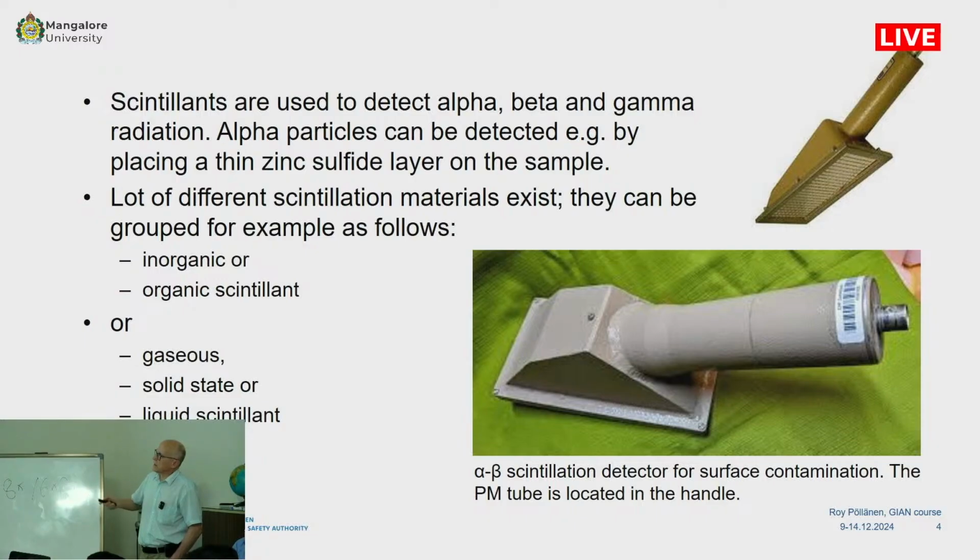So, scintillation materials can be grouped as follows: inorganic or organic scintillants, or gaseous, solid state, or liquid scintillant. This is an example of a surface contamination monitor. This is the photomultiplier tube.